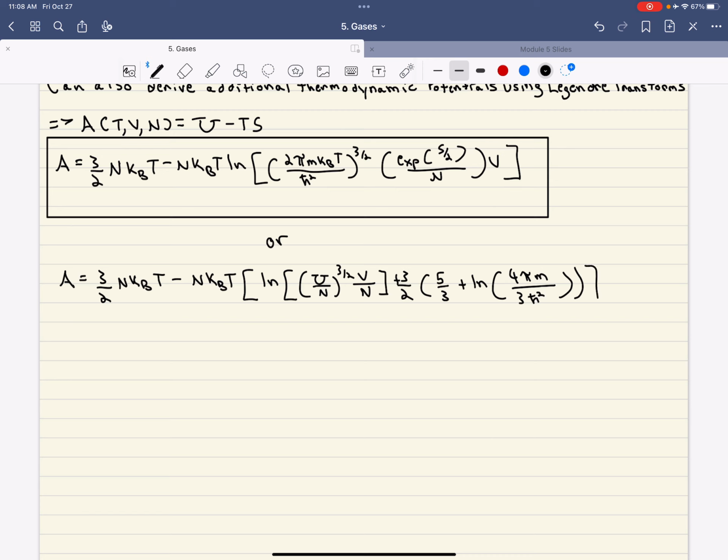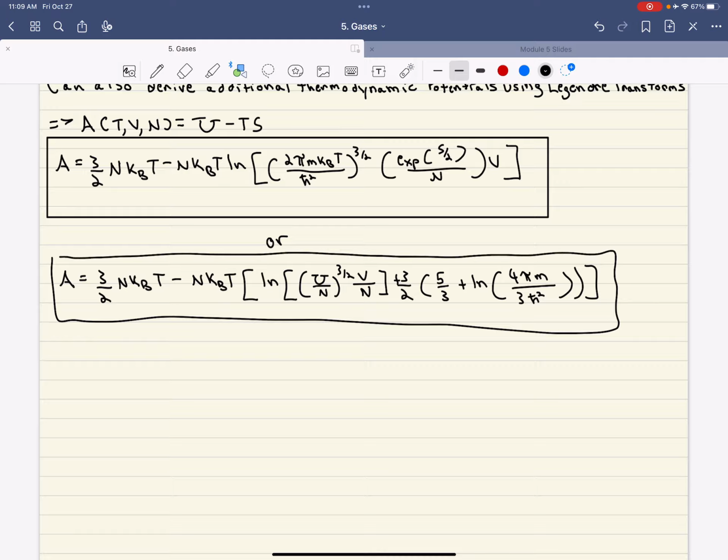Okay? Alright, so this is an alternative but equivalent form for describing the Helmholtz energy.